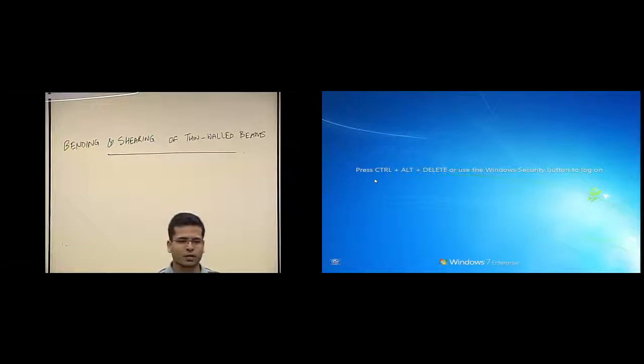Okay, so let's look at the bending and shearing of the thin wall beams, and what are the stress flows which we can find out when the shear force is applied on a beam which is made of a thin wall section.